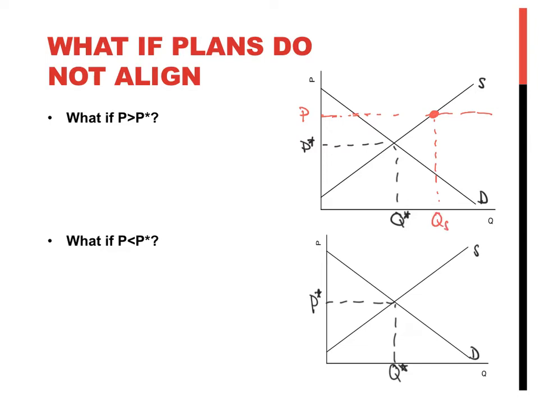So the quantity supplied is going to be very high, but quantity demanded is going to be lower. So quantity supplied is going to be greater than quantity demanded. And when this happens, we call that excess supply.